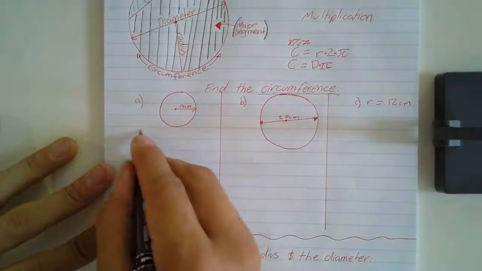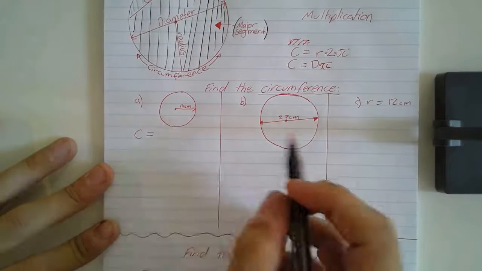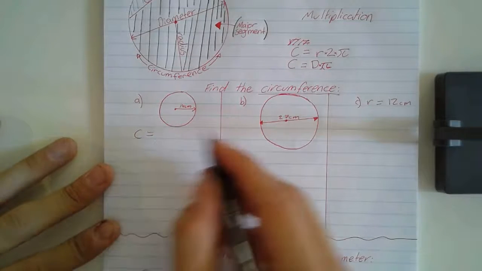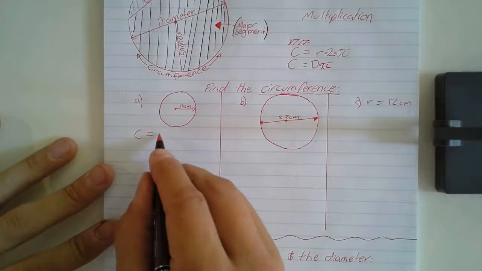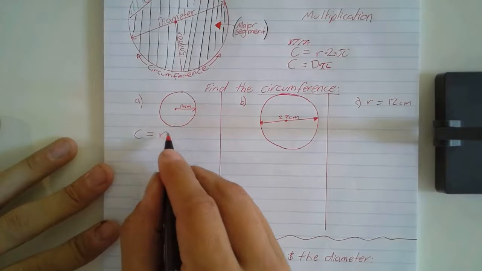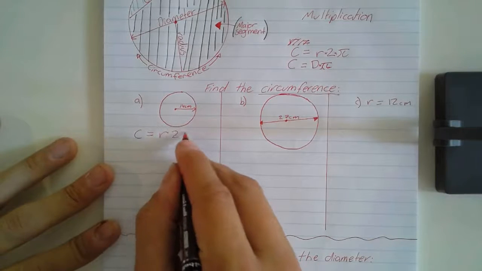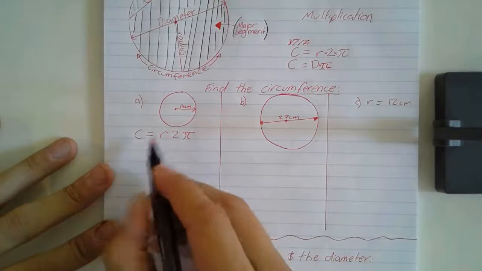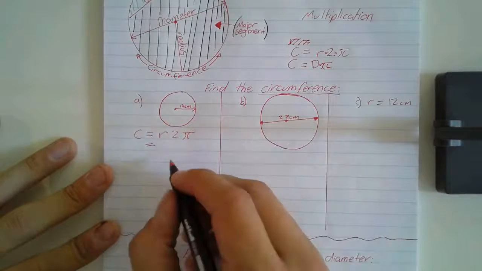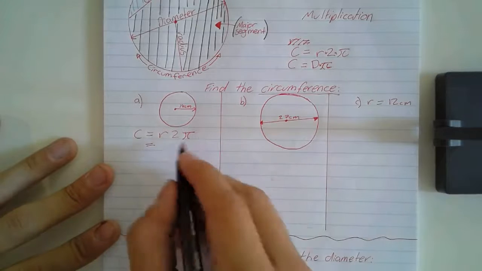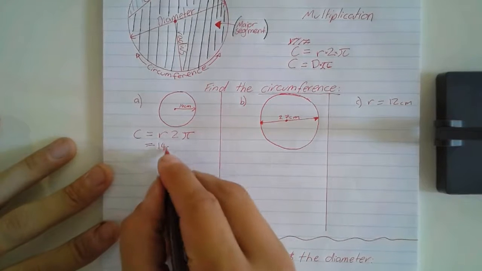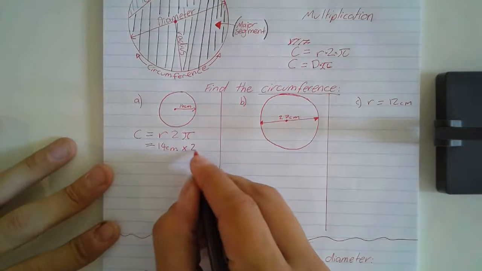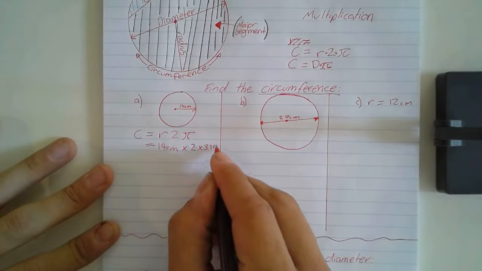So first letter written, C equals. We've got the radius, C equals radius times 2 times pi. Remember, write my rule first, little multiplications in there. Now I'm putting in my info. My radius is 14 centimeters times 2 times 3.14.